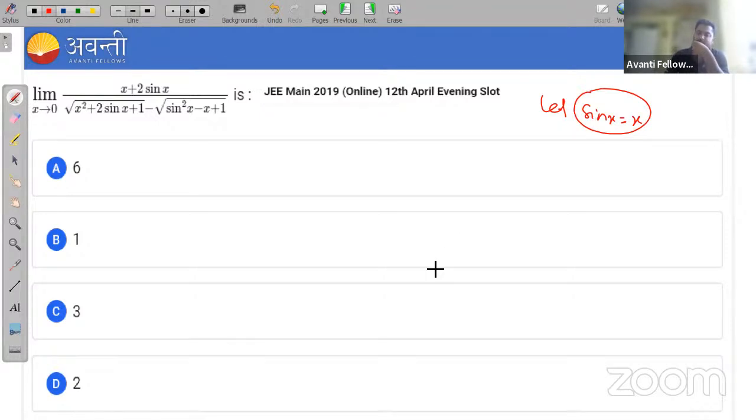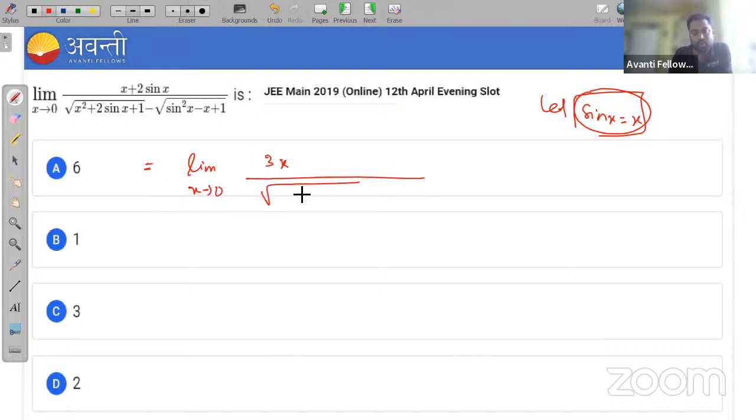So if we take sin x as x, this becomes limit x tending to 0, numerator becomes x plus 2x, that is 3x, upon root of x square plus 2x plus 1 minus x square minus x plus 1.